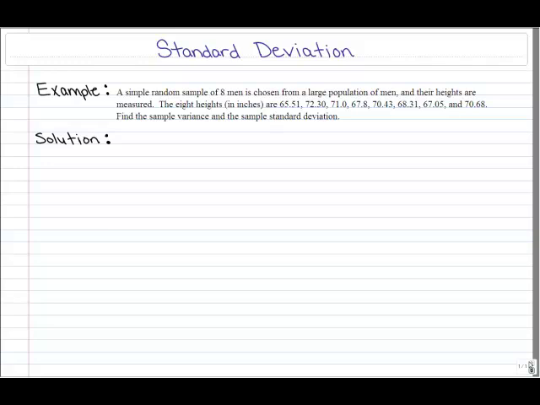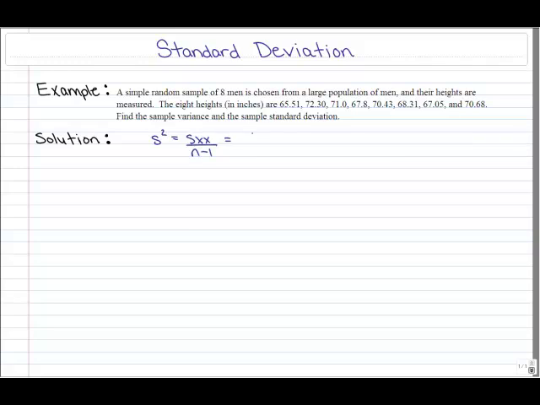Now go ahead and pause the video and try this on your own. Remember that the sample variance is simply the measure of spread from the sample mean. So to find the sample variance, we have to find the sum of squares and divide that by n minus 1.